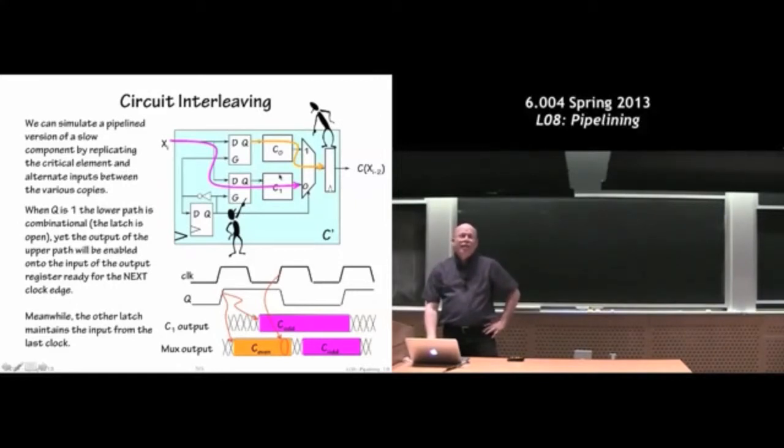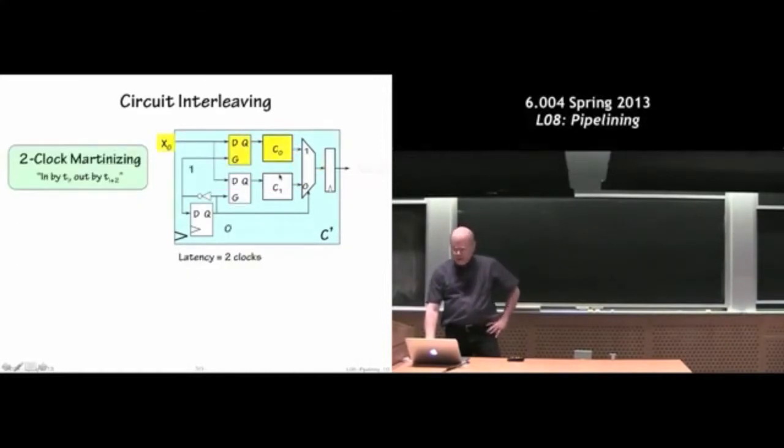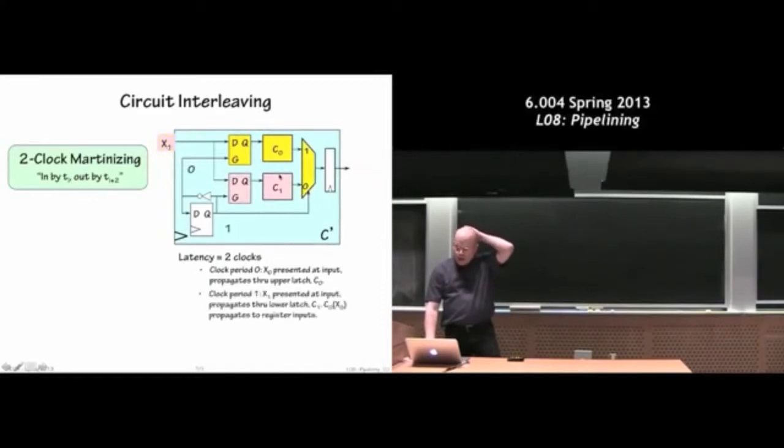But the point I'm trying to make is that this is a neat way of basically interleaving slow components, and it acts like a 2-stage pipeline. It takes 2 clock cycles for a particular input to appear on the output of the output register. So in the first clock cycle, at time 0 here, we put in a particular value, and it's busily running while we then load the second value into the second dryer.